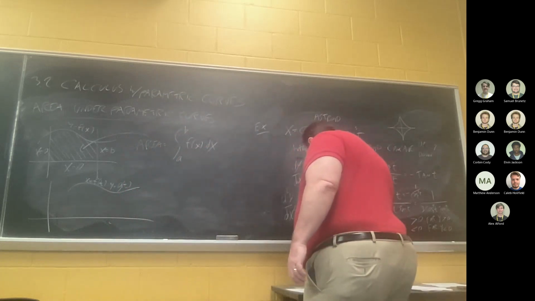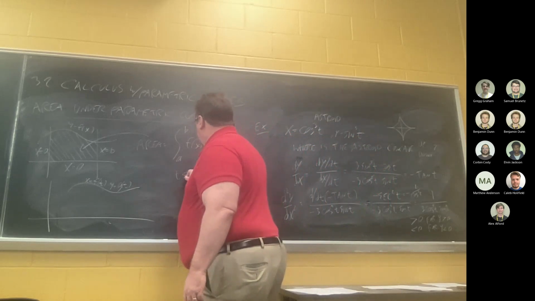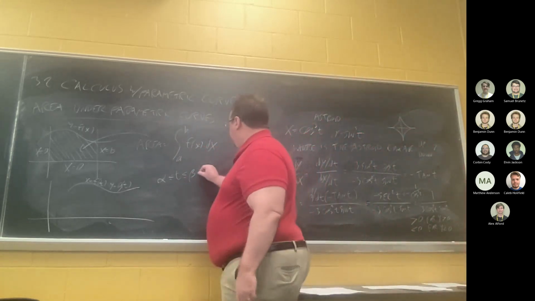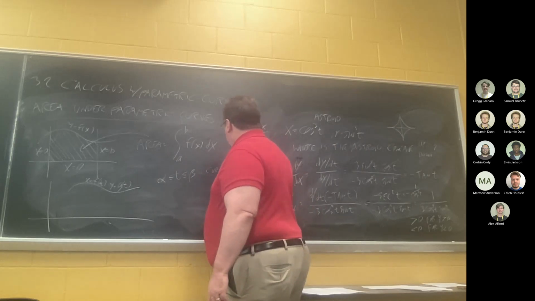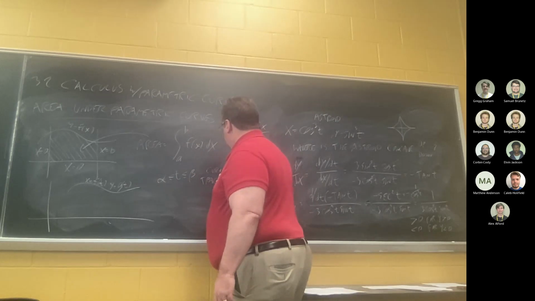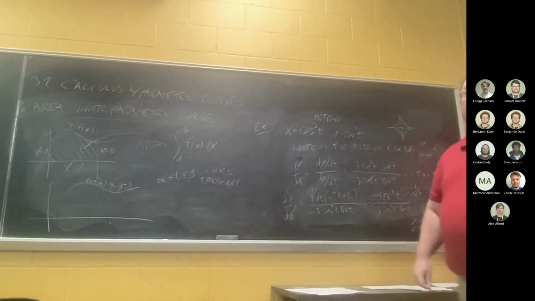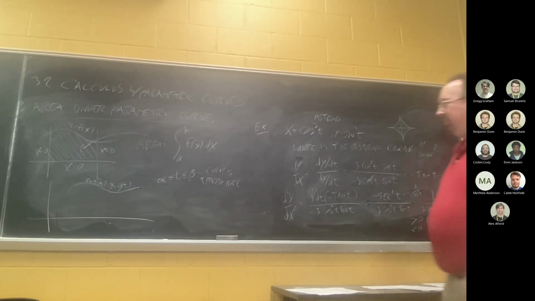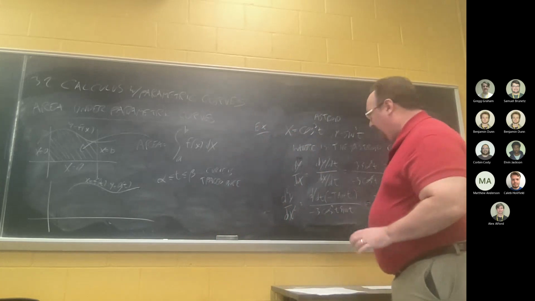And for t ranging between two boundary values alpha and beta. Very important, alpha and beta need to be chosen so that the curve is traced only once. We've seen cases of parametric curves where you go around the circle again and again, or go back and forth. So we're just tracing out the curve one time.